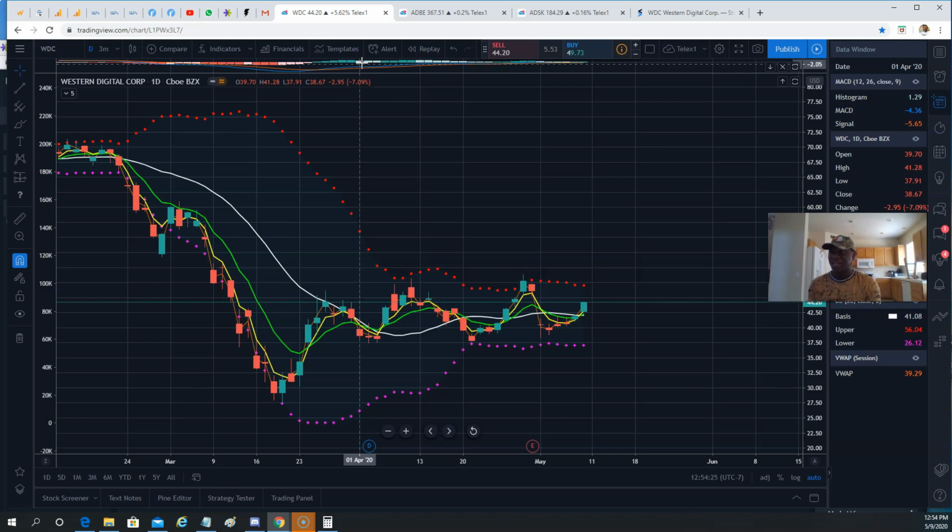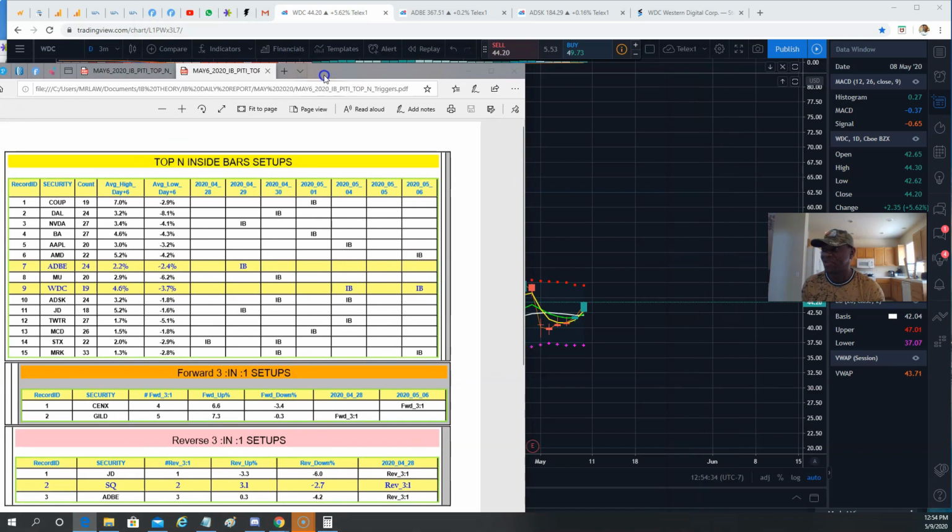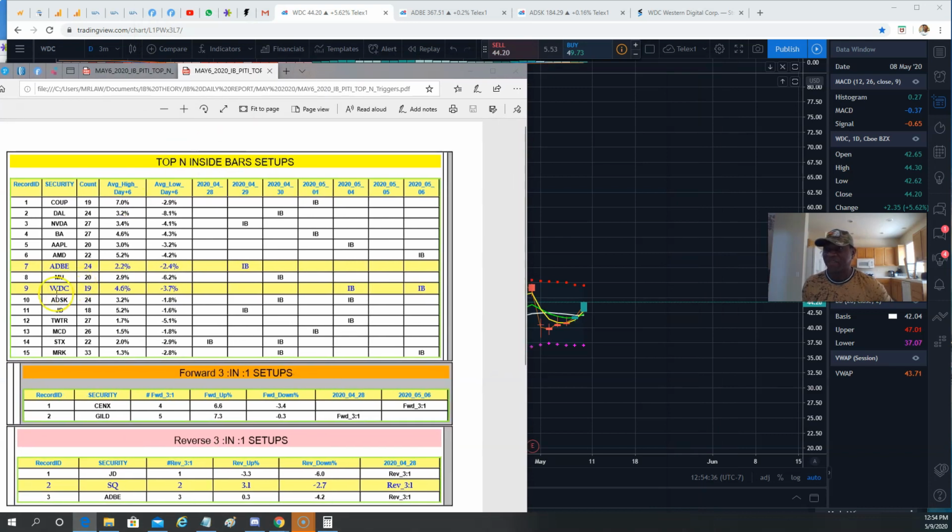So what does the indicator tell us? The ranking on here is based on a calculation I've done in the algorithm in terms of percentage move, meaning the higher, the better.